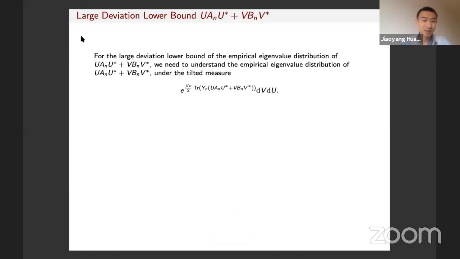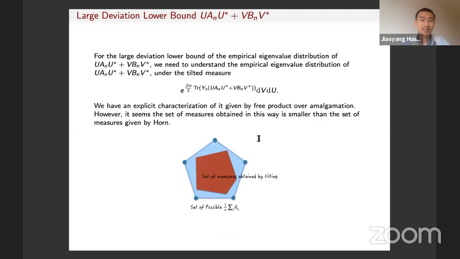Now the problem becomes studying the empirical eigenvalue distribution of U A_n U* plus V B_n V* under this tilted measure. We have an explicit characterization of this eigenvalue distribution μ_n under the tilted measure, given by the free product with amalgamation.